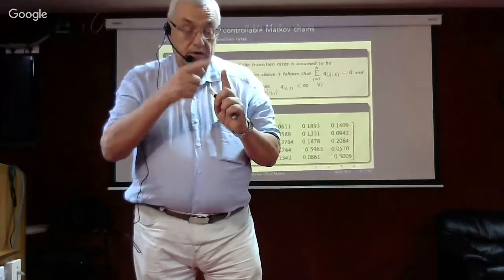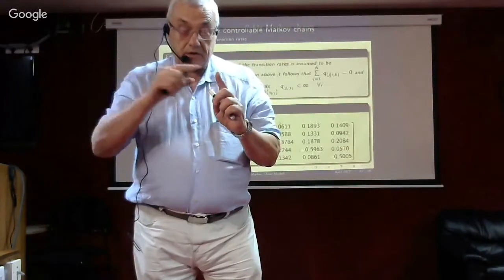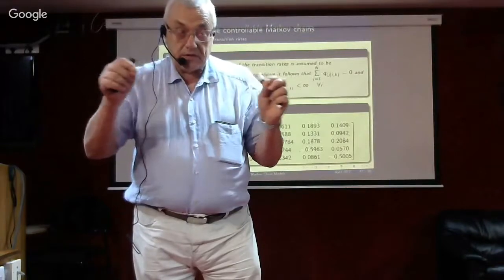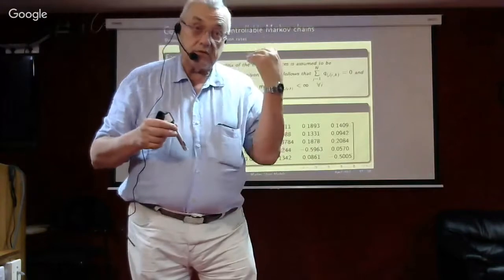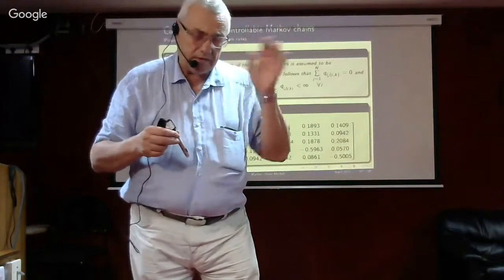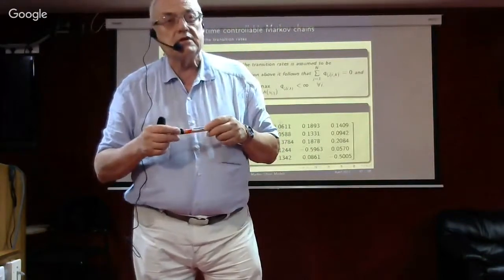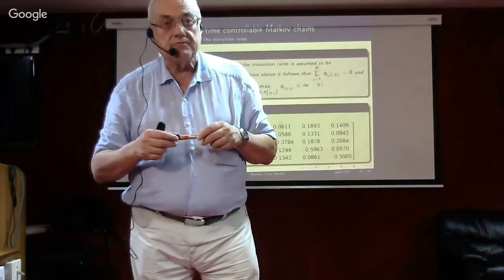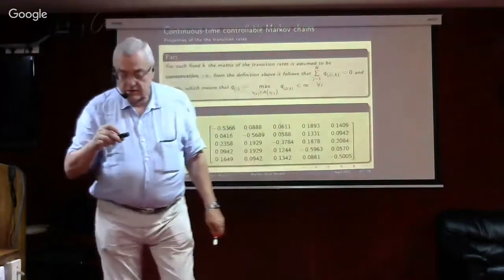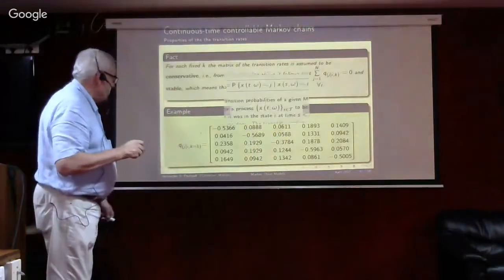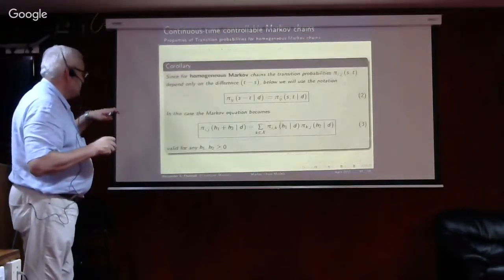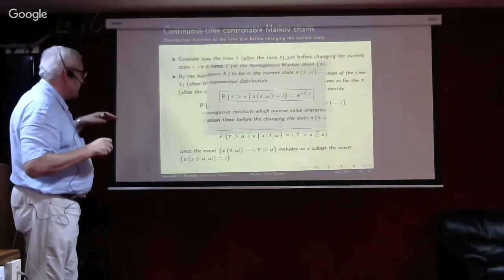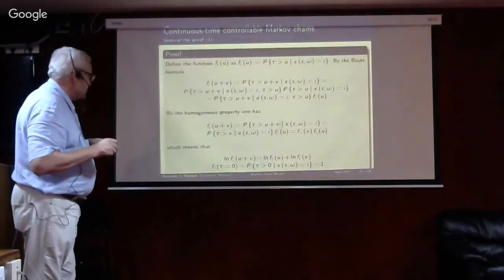Before, we considered discrete time 1, 2, 3, 4, 5, but now in continuous time, the time spent in some state is random according to some distribution. How, I will not discuss. This process has a name: semi-Markov processes. It's not Markov, it's semi-Markov. So let me omit it. Okay. But what difference is there here?